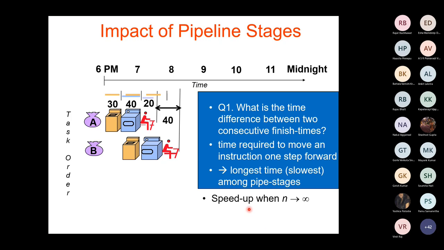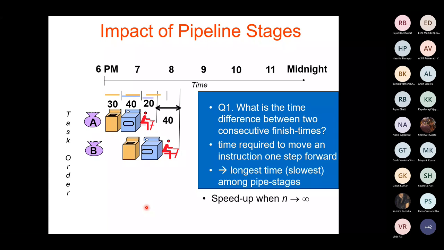And what will be the speed up when the number of users approaches infinity? We have three stages here. At most, three stages can be used in parallel. So therefore, you cannot have more speed up.